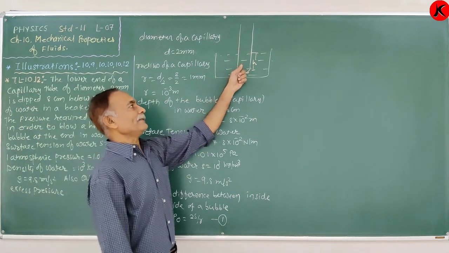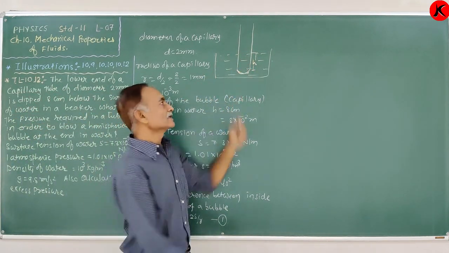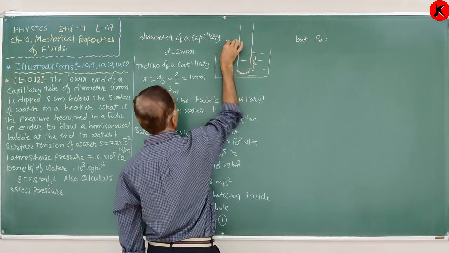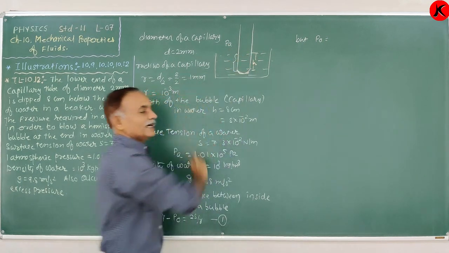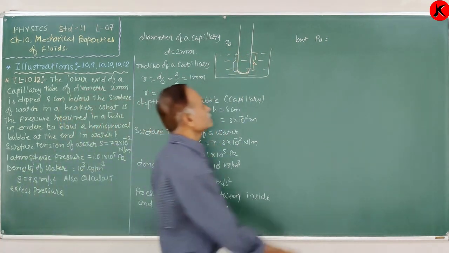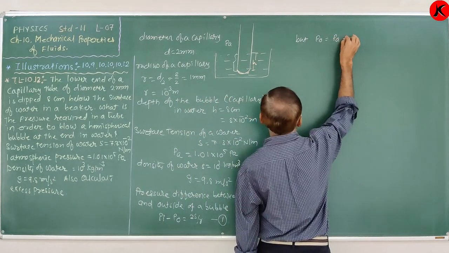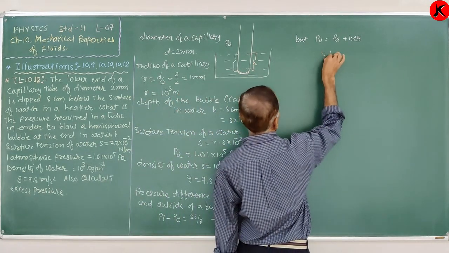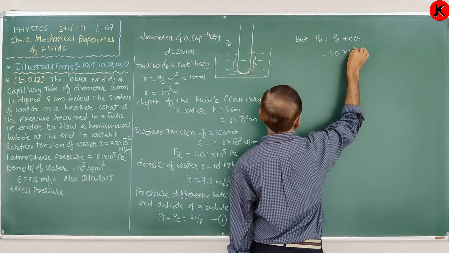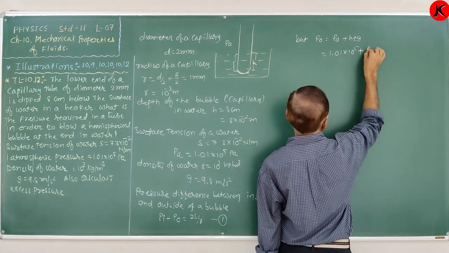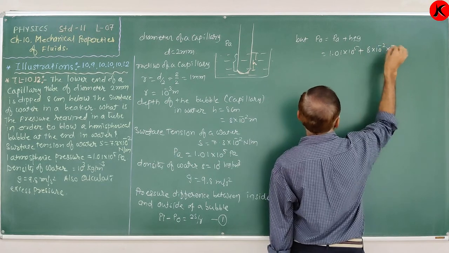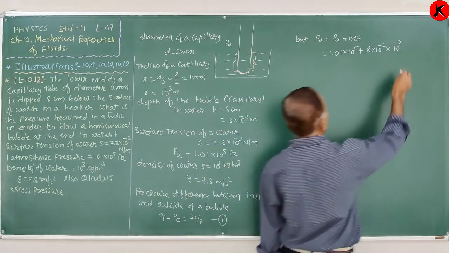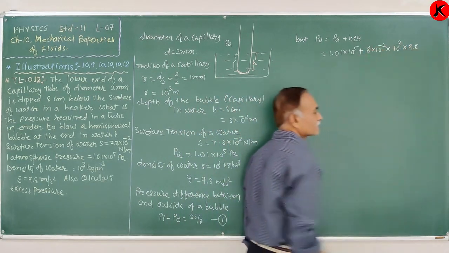Now the end of the capillary tube is at depth H. Therefore, outside pressure Po is equal to atmospheric pressure plus the pressure due to the H column of liquid. Therefore, Pa plus H rho g. Now we substitute the value, atmospheric pressure 1.01 into 10 to the power 5 plus H 8 centimeter, 8 into 10 to the power minus 2, rho 10 to the power 3, that is the density of water, and gravitational acceleration is 9.8.